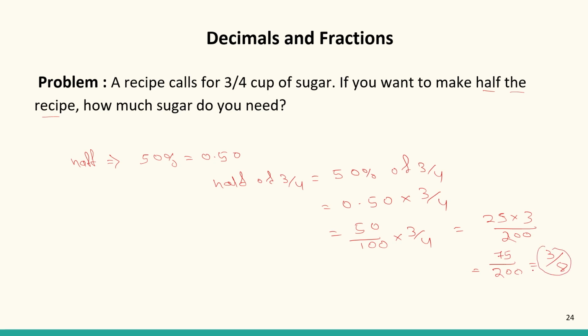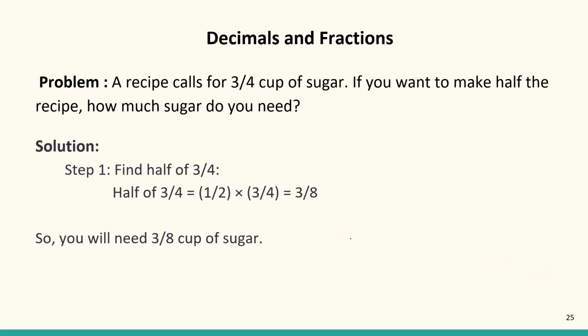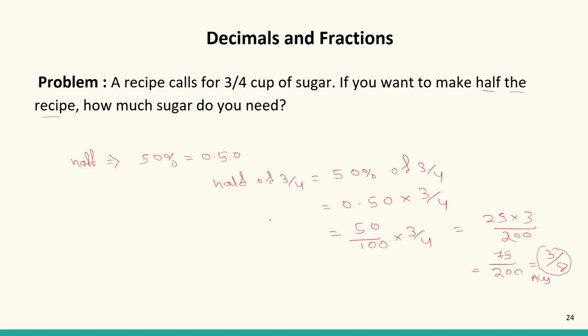So 3 by 8 is the answer. Checking it, find half of this, that is 1 by 2 into 3 by 4, and we have got 3 by 8 here. Same answer.